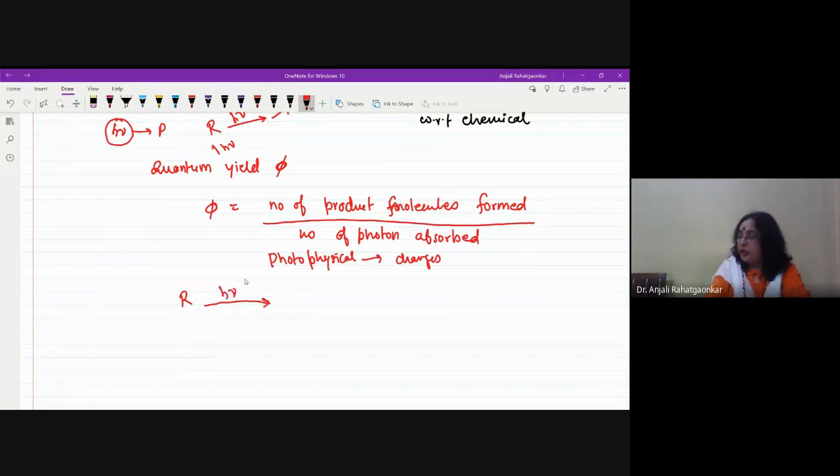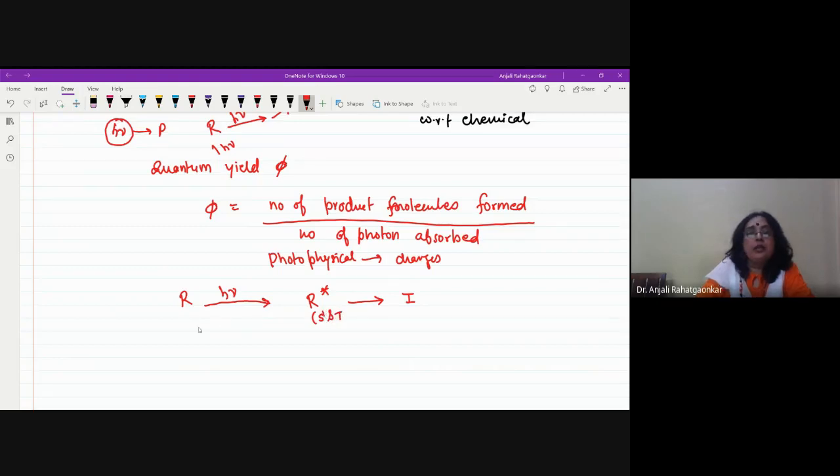So the scenario I can write over here: h nu amount of energy is absorbed by the molecule. So a series of transitions will take place, or a series of formations of excited molecules will take place. So R absorbs h nu amount of energy and you will get an excited state. It may involve the singlet state and the triplet state.